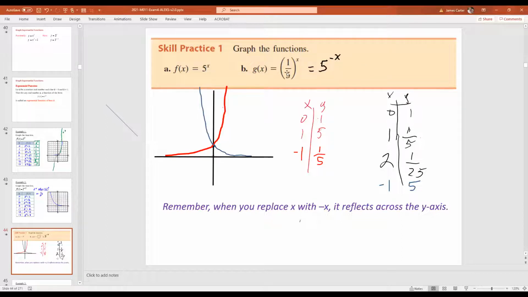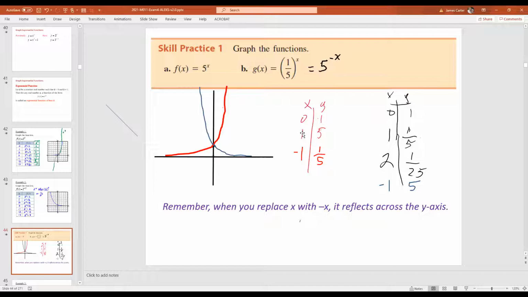Now, let's talk about these two. If you notice, this and that are the same, because if we take 5 to the -x, that means we have 1/5 to the x. Because that negative exponent, if you remember, flips the base value upside down. No matter which one of these you use, and this one's the easier one, here would be your set of values that you would get. Both of them go through the point 0, 1 right here.